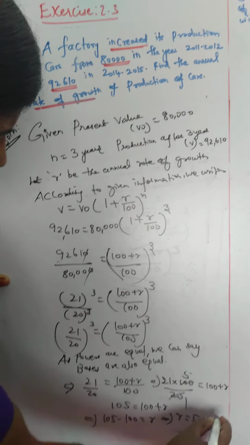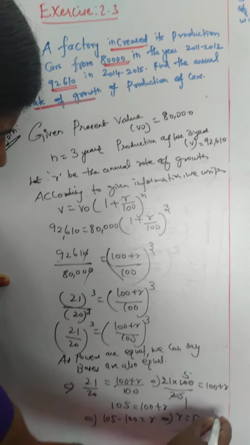According to the given information, what we shall write here is, let n be number of years. Then present value of machine, that is V naught equal to rupees 5 lakh.